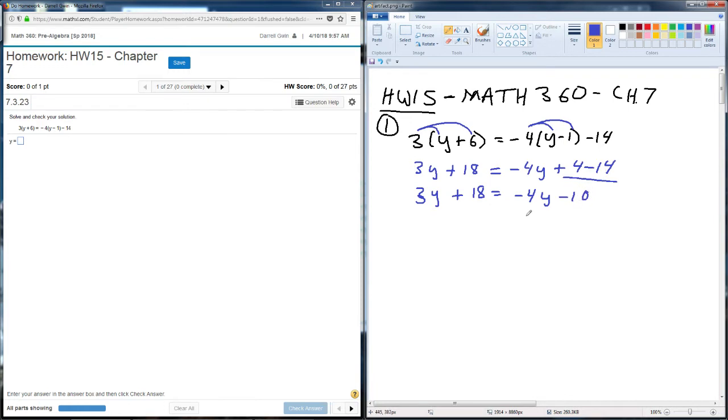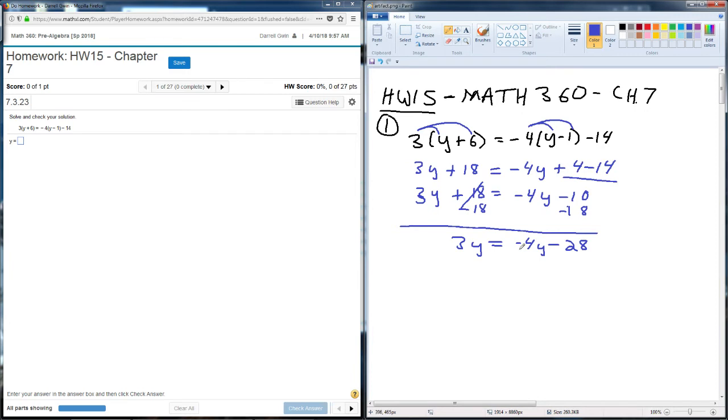Now you want to put the constants on the same side. Minus 18, and minus 28. Negative 10 minus 18 is negative 28.